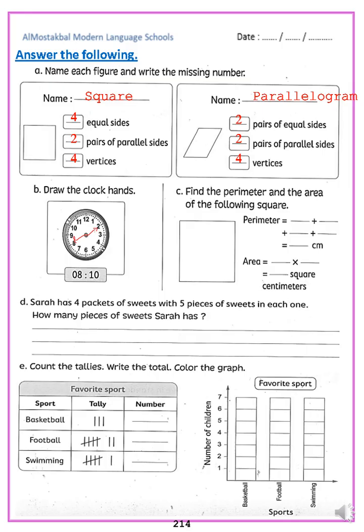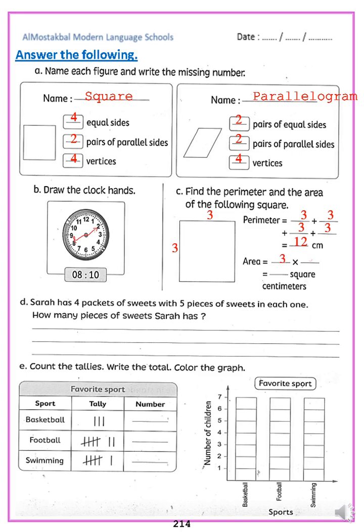The next question, find the perimeter and the area of the following square. Okay, 3 centimeters and 3 centimeters. So the perimeter equals 3 plus 3 plus 3 plus 3 equals 12.